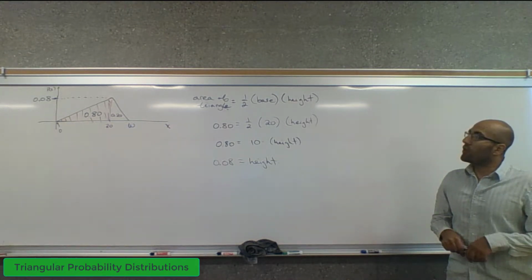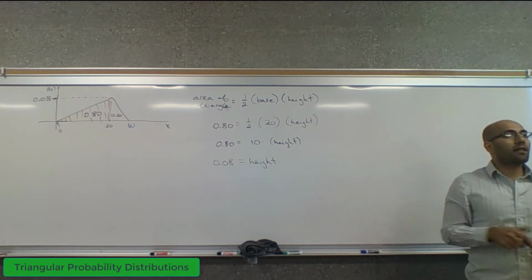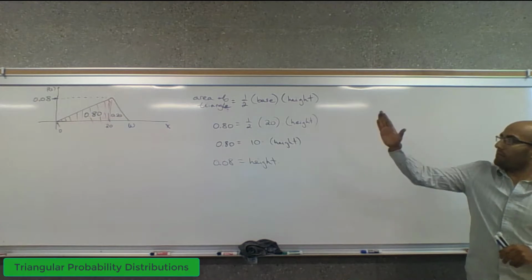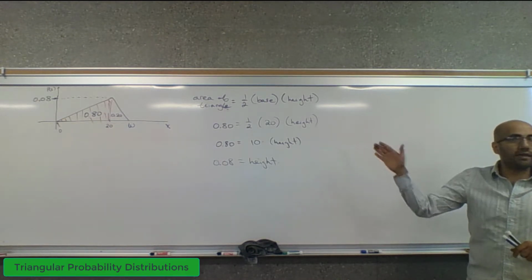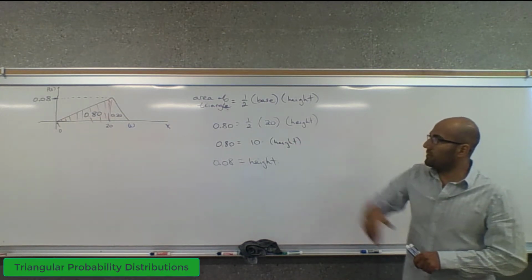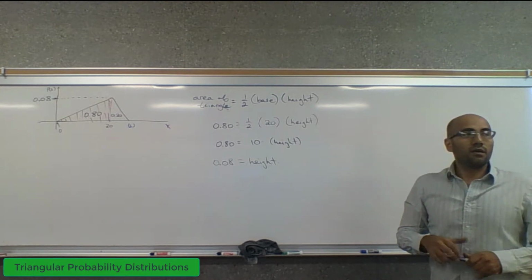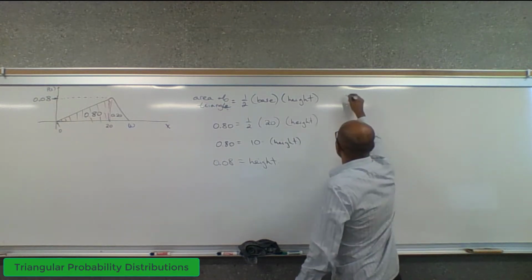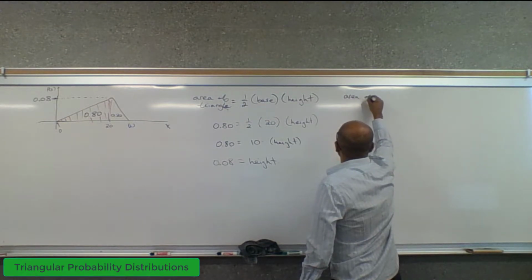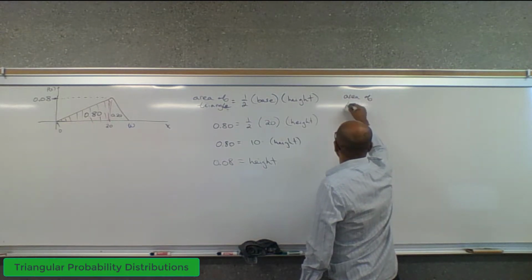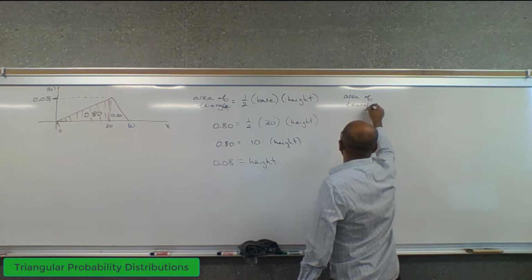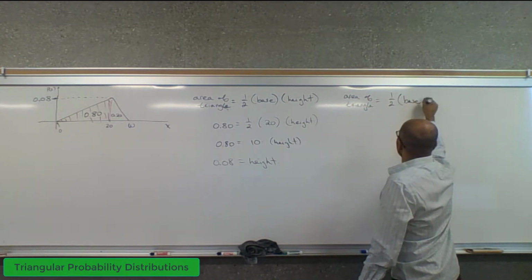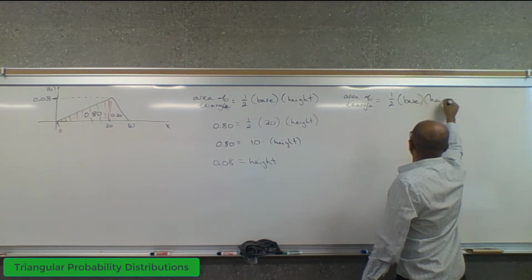Good. And now that we know the height, we can find the value of W. W, again, must be a number that makes the area in the right-hand side, the little white triangle on the right-hand side, valid as well. So again, we can use the same formula. The area of triangle is equal to 1/2 times its base times its height.